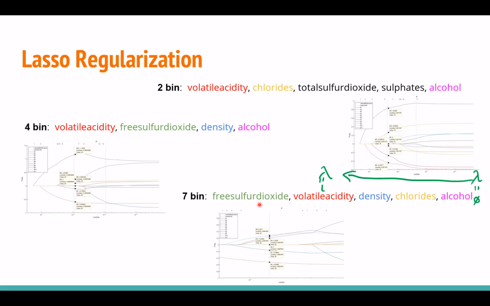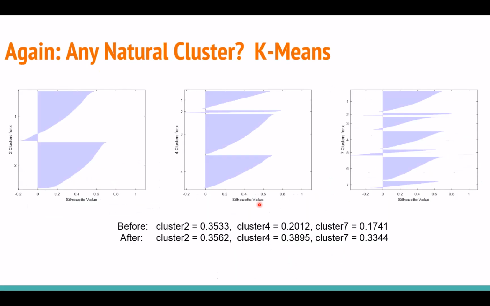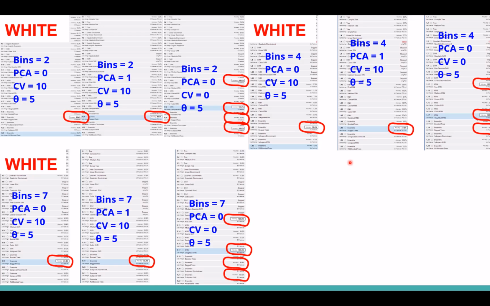So statistics can lie. We re-examine the clustering using k-means, using k equal 2, k equal 4, k equals 7, and it's still not very interesting. After regularizing, we once again run it through all the previous models.